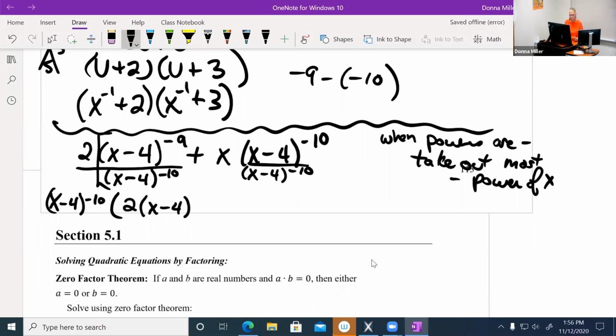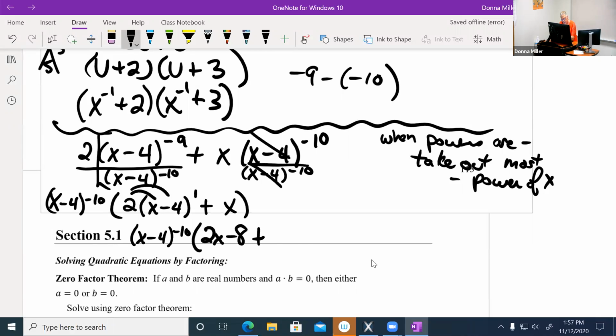So it's 1. Okay. And then this other guy is even easier because those just straight up cancel because they're exactly the same, right? So what I'm left with is x minus 4 to the -10th. Now on the inside, the 2 distributes. So it's 2x minus 8 plus x. And I can combine the x's on that last one.